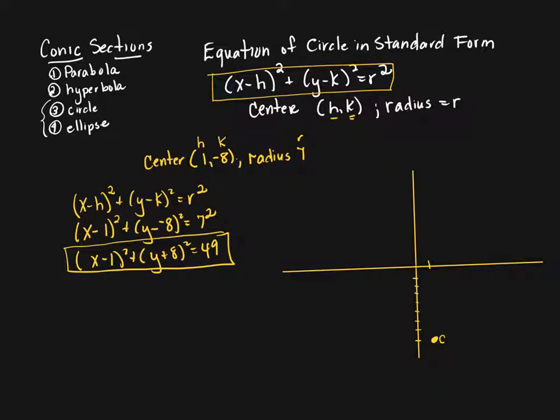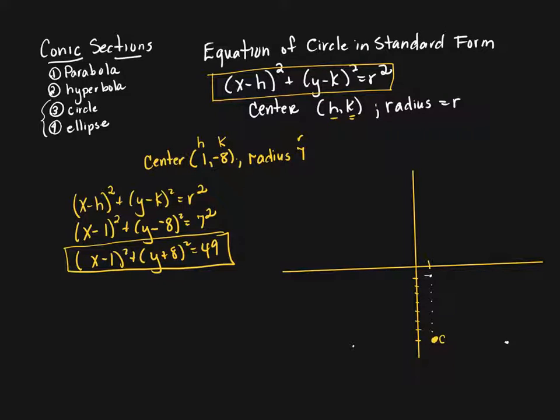And then from there, since I know the radius is the distance from the center of a circle out to the edge of the circle, I'm going to count from the center up 7 units, and I'm going to go to the left 7 units, and to the right I'd count 7 units, and down below I'd count 7 units, which puts me off the chart with this one.